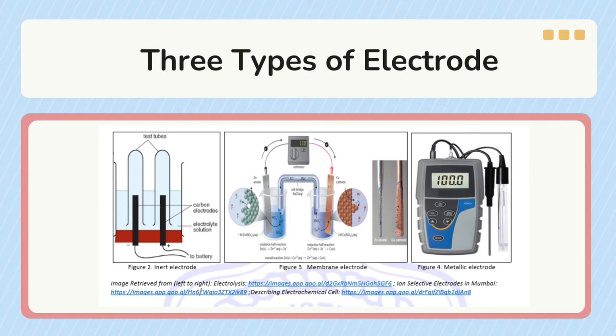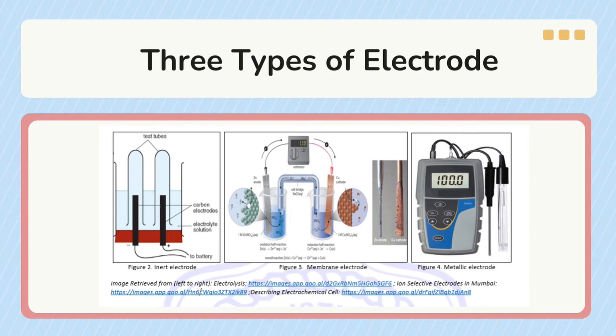They only act as a site where electron transfer can occur. Inert electrodes are usually used when gases or liquids are formed as products of the redox reaction, since the charge carrier cannot be connected to these.